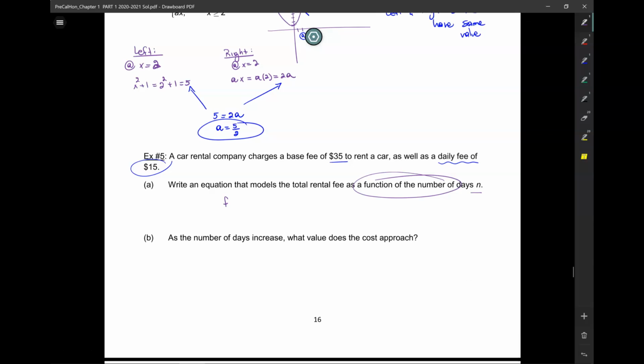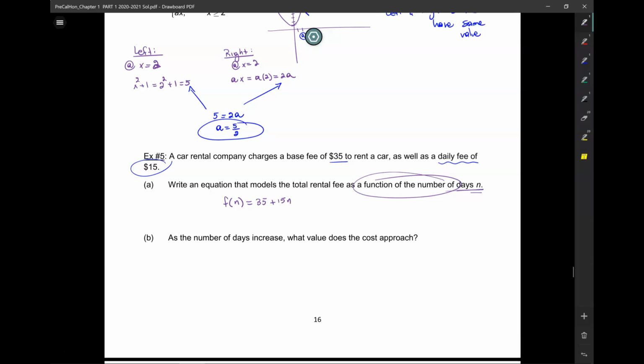If it's a function of the number of days n, it has to be f of n. That's the point of this problem. I know you guys can write the function, but the point is that you are able to call it f of n. So the rental fee is $35 plus $15 per day.